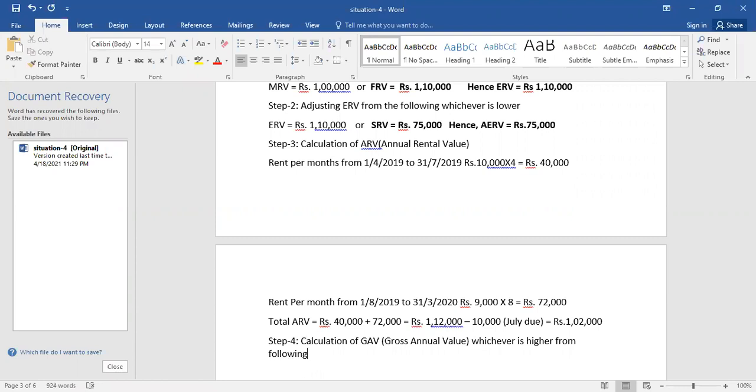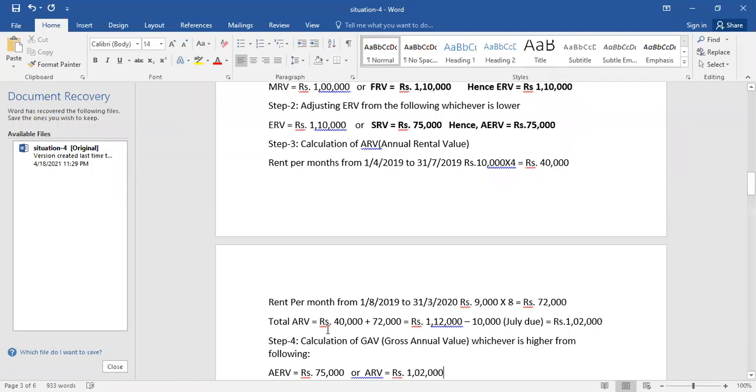That is AERV, which we calculated, rupees 75,000, or then ARV, which is equal to rupees 1,02,000, correct?